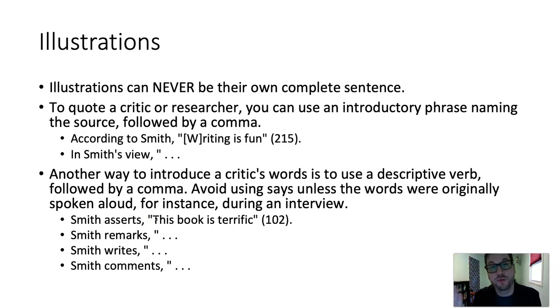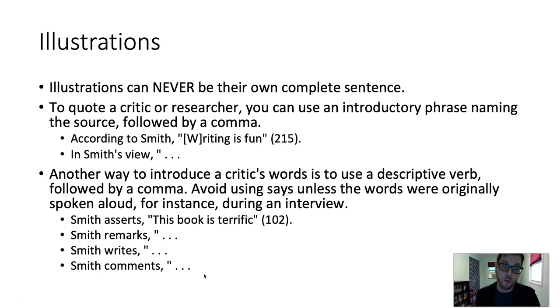Now, as you write your illustration, as you write the quote from Coates' essay, it's important to remember that quotes, when used as evidence, can never be their own complete sentence. What we mean by that is that you always have to introduce the quote that you're using. You should never have quote mark, sentence, quote mark, citation. That is not a proper and clear way to introduce the evidence you are using.